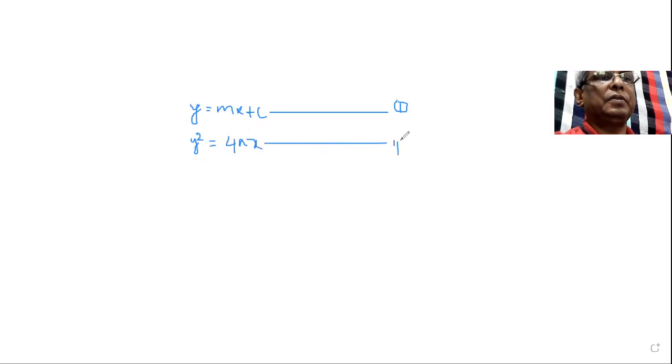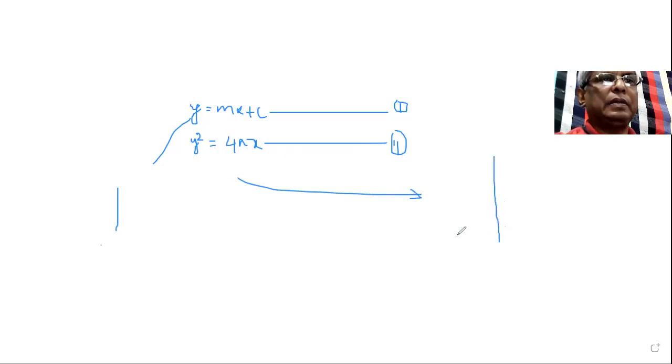This is equation 2. Means this equation is representing a line, and this equation is representing a parabola like this.